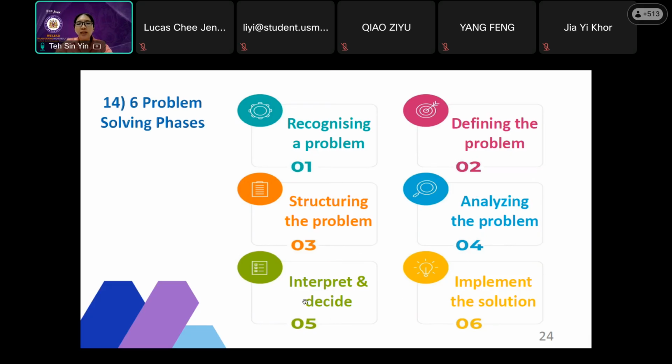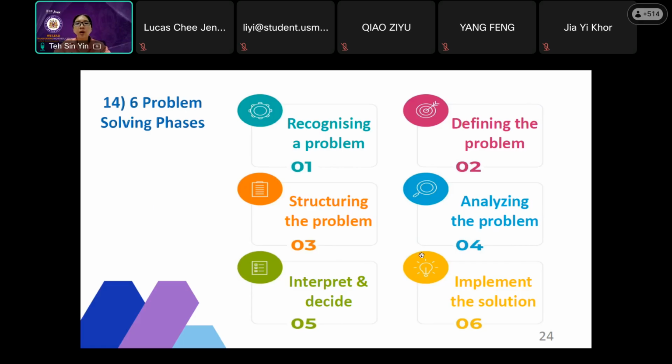Then you interpret and make the decision on how to improve or solve the problem. After that, of course, you implement the solution. So these 6 phases we call the problem solving phases in a business analytics project. For more examples, you can read the textbook given.